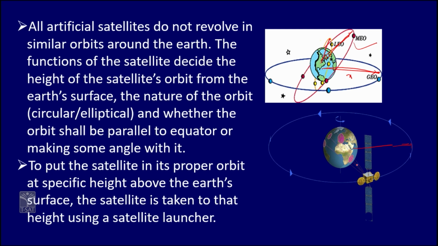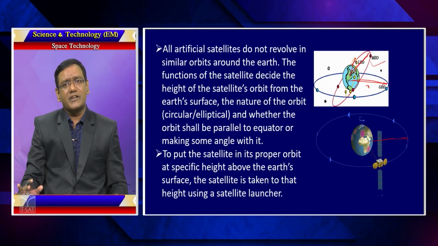In order to do that, we use a satellite launcher. A satellite launcher is something like a car that will take us from one place to another. Like that, the launcher will take the satellite and keep it there, and it will either come back or we will destroy that launcher there itself.